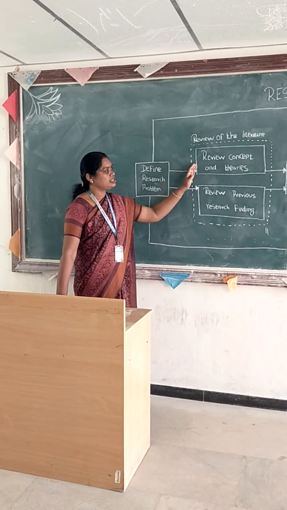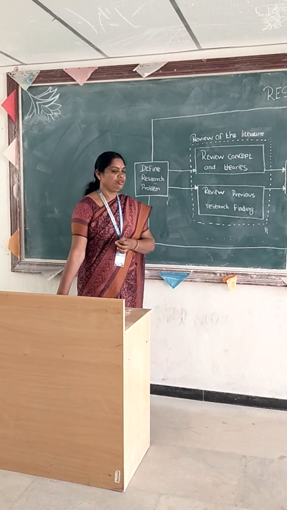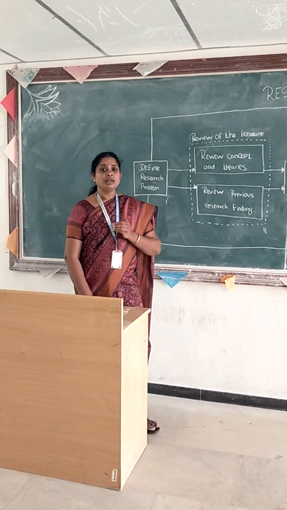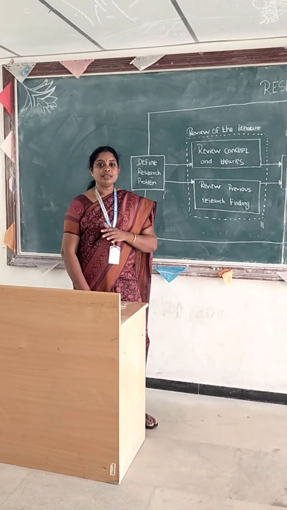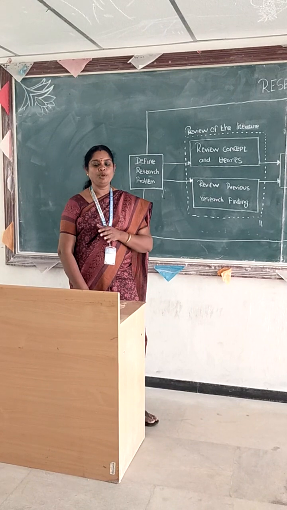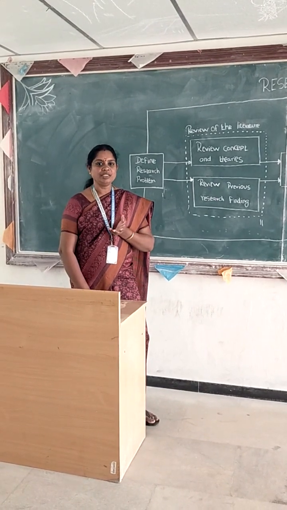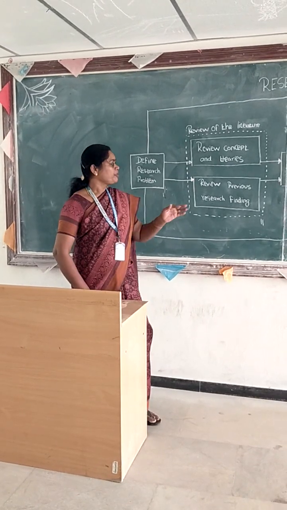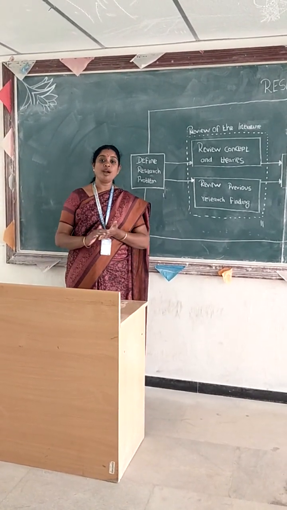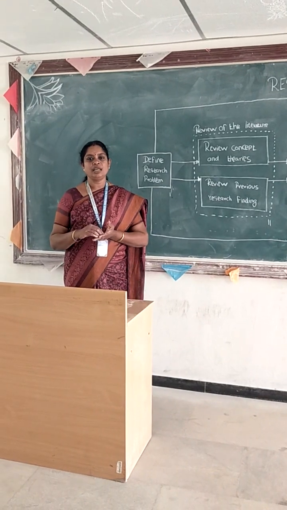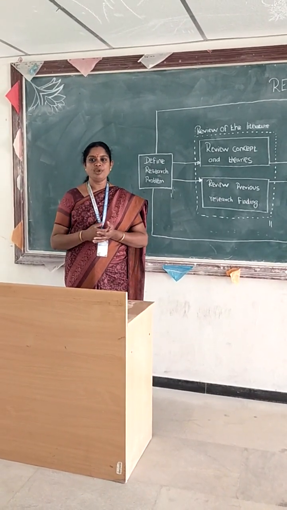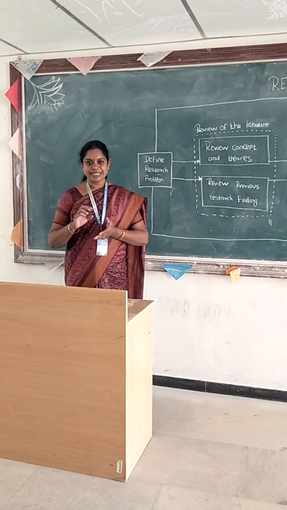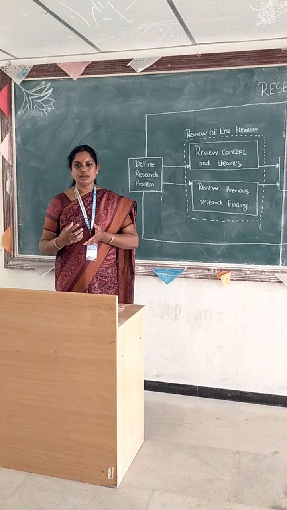So review of literature, the first thing is to review concepts and theories. In this they can go for concepts. Whether the researcher already has the same topic, whether some previous researchers have done that project, they can collect the information through this. Again, previous research findings, what they said in those previous findings. For example, if you are going to do a project, what your seniors have done so far on the same topic, so many research articles are available.